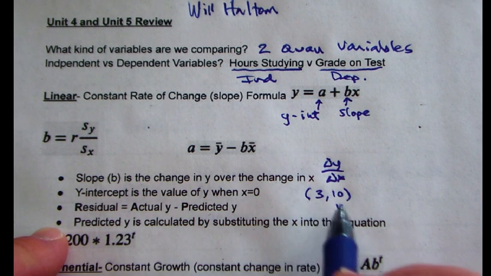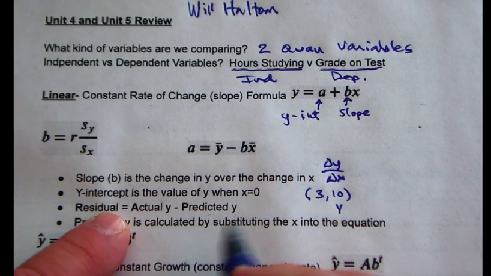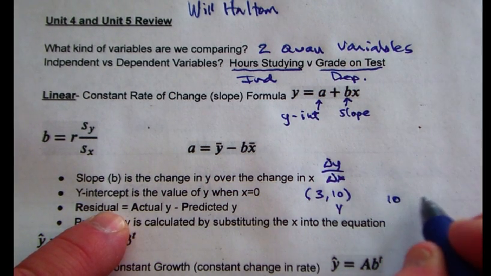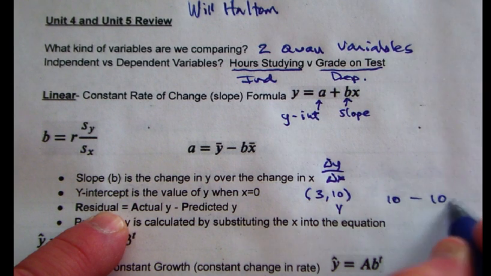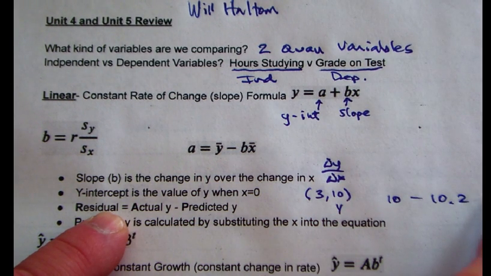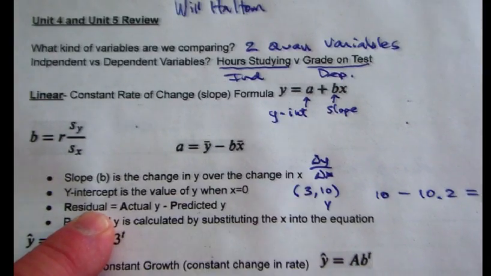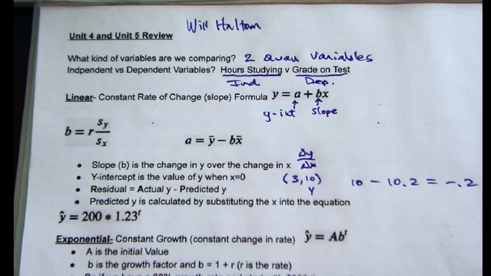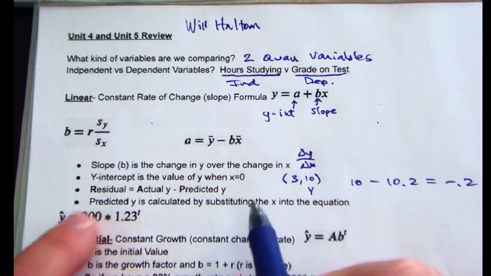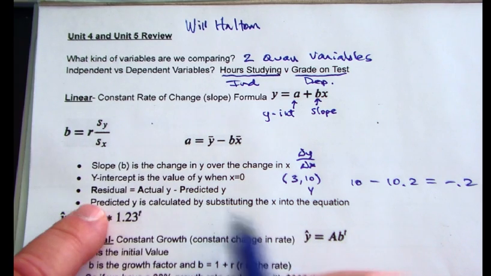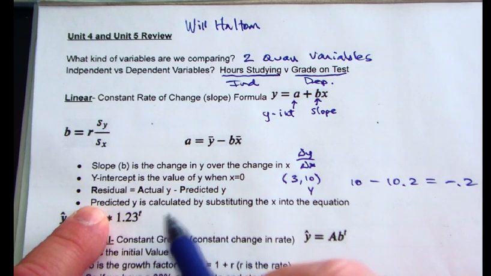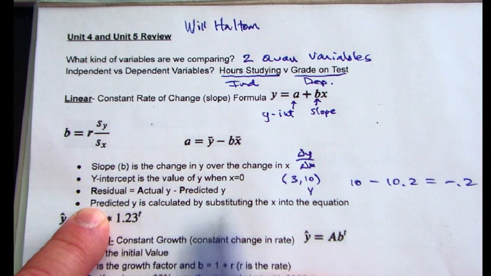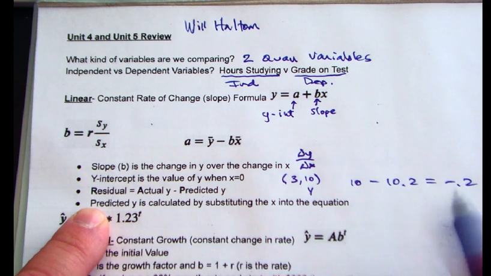When we got those two values, let's say we got the actual value of 10, the predicted value is 10.2, so the residual would have been negative 0.2. That's on the formula sheet. And that was predicting the y value based off of an x.